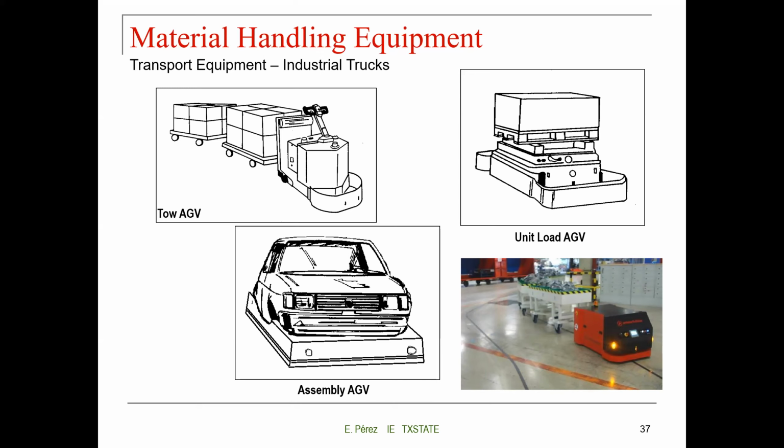If you have a path on the floor, they can follow it to guide the vehicles. These are common in the auto industry. Amazon is using them to sort and move their products inside the warehouses and so on.